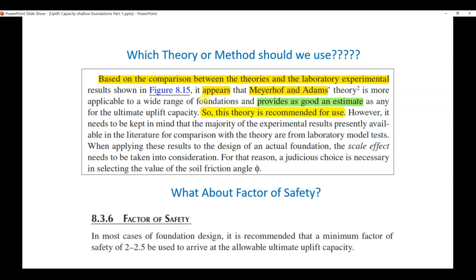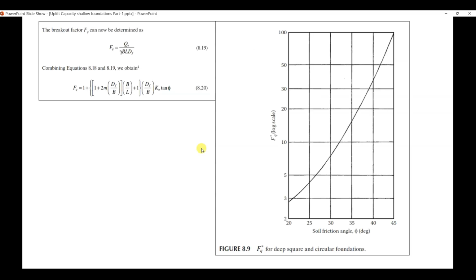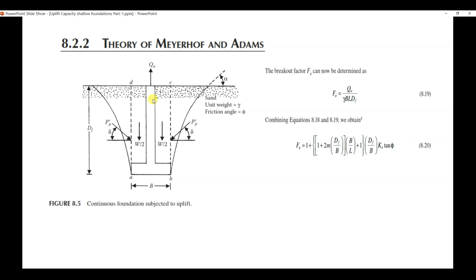What about factor of safety? In many cases, what young engineers do is they take the weight of the soil here, at some angle also. Some engineers take the weight of the soil just above the footing, right? This area, say for example, A, B, C, D, this soil is considered in the uplift capacity.